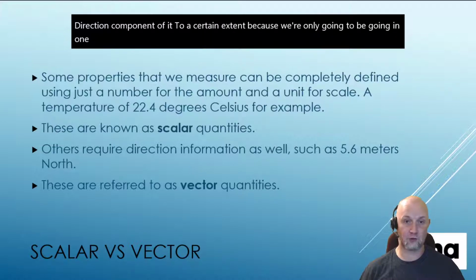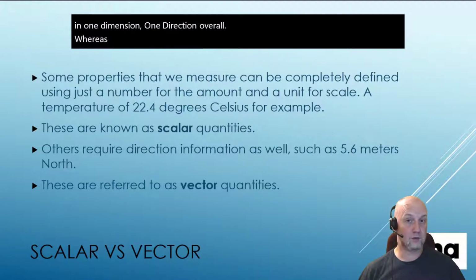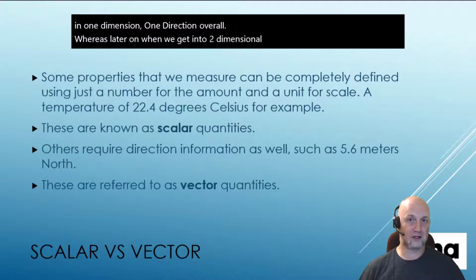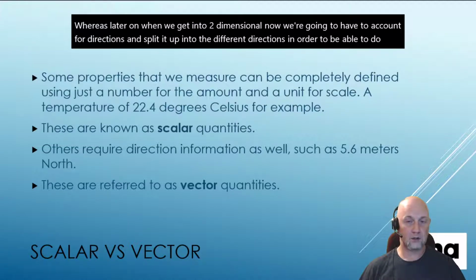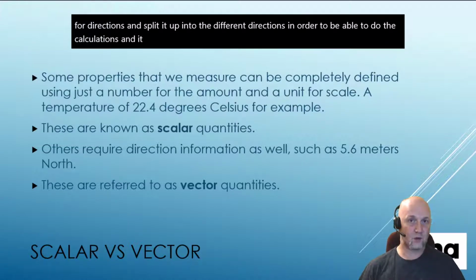One direction overall. Whereas later on, when we get into two-dimensional, now we're going to have to account for directions and split it up into the different directions in order to be able to do the calculations. And it will mean a shift in the way we do the math.